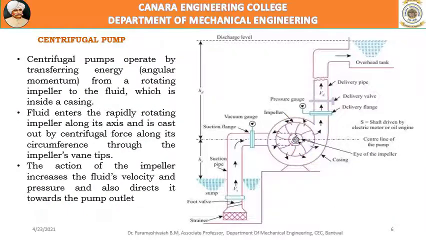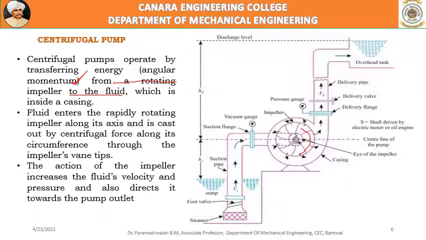Centrifugal pumps operate by transferring energy, or you can say angular momentum. When the impeller is rotating at high velocity, it possesses angular momentum, and that is transferred from the rotating impeller to the fluid which comes in contact with it.